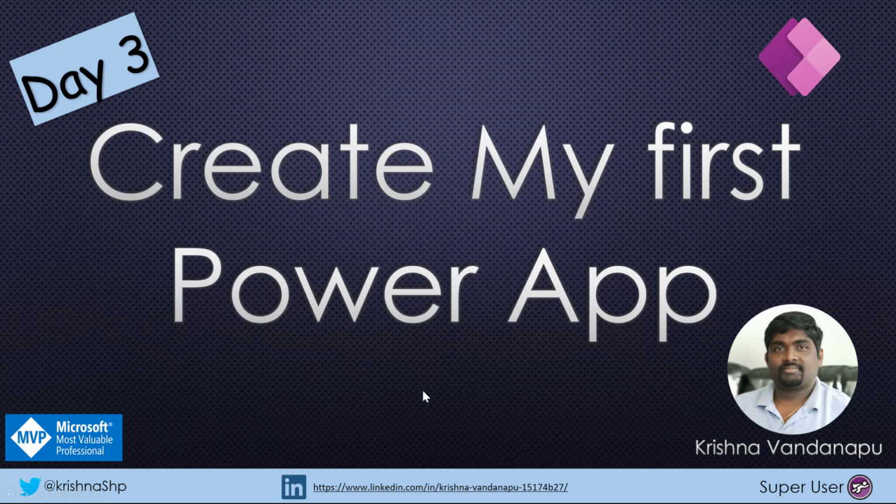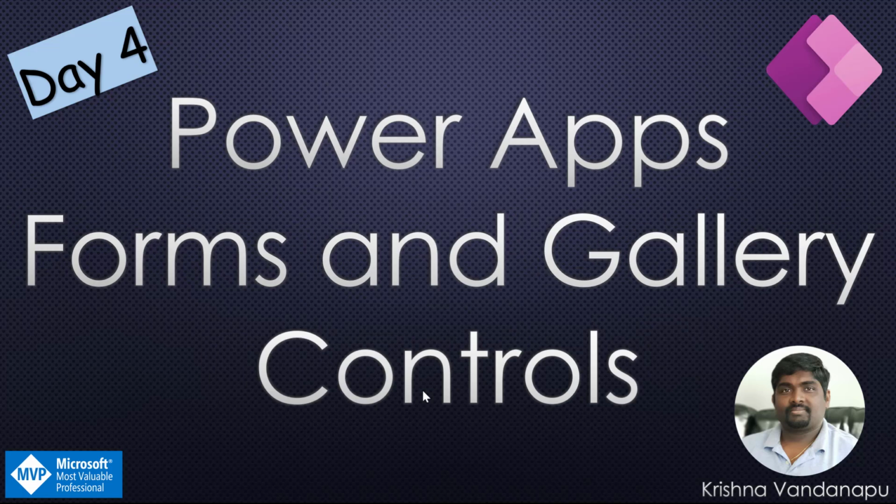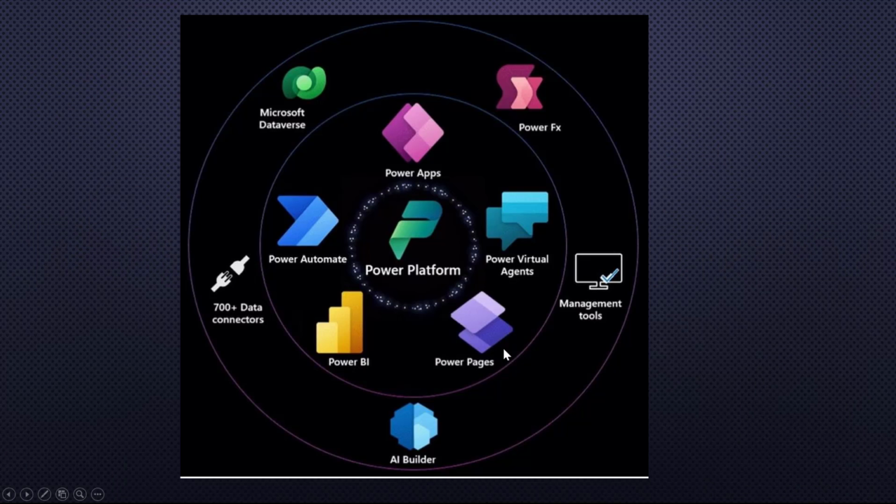But now the new icon for AI Builder is this. And we have a new member of the family called Power Pages. So there are three changes here: new icons for Power Platform, Power FX, and AI Builder, and a new family member called Power Pages.